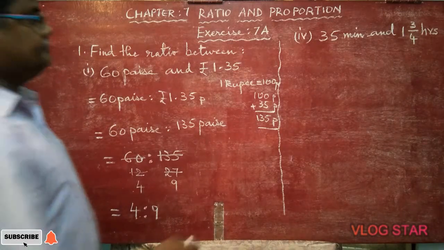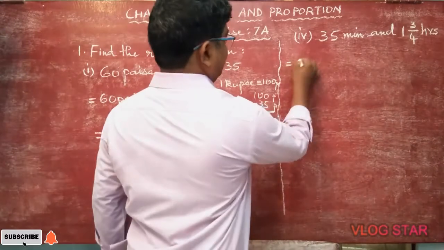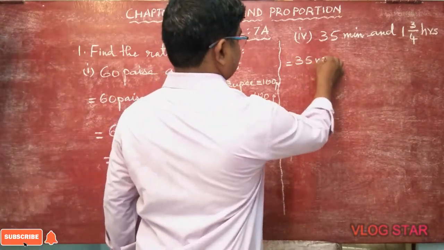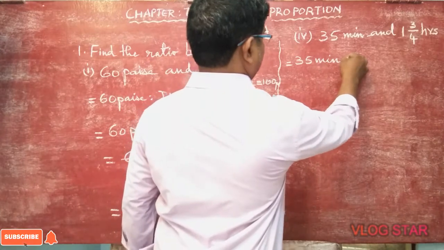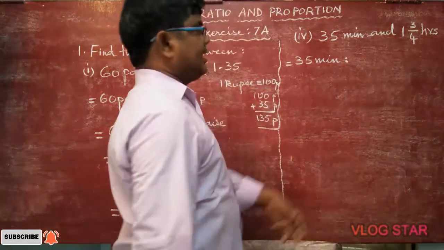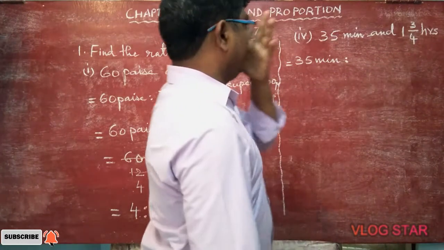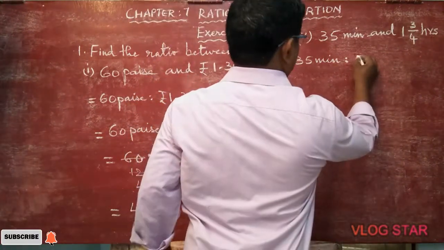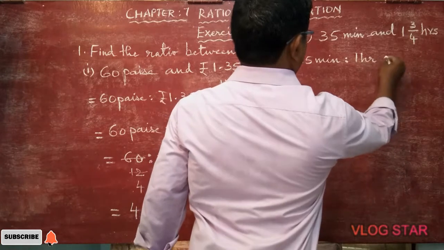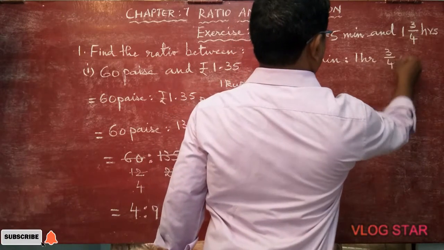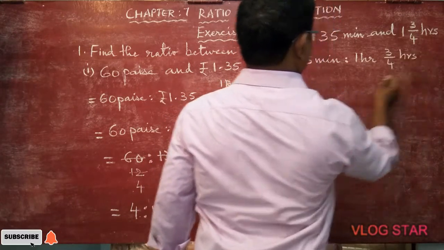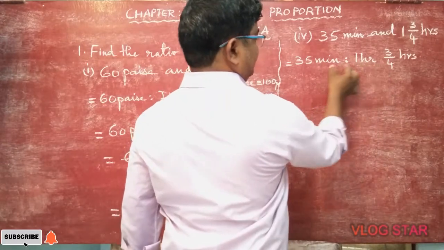Coming to the fourth one, 35 minutes is to 1 hour 3/4 of an hour. We can easily convert hours into minutes.